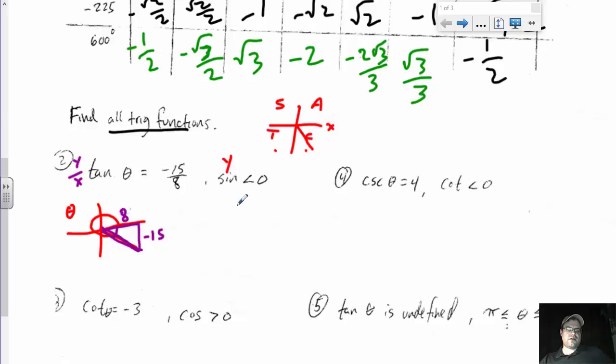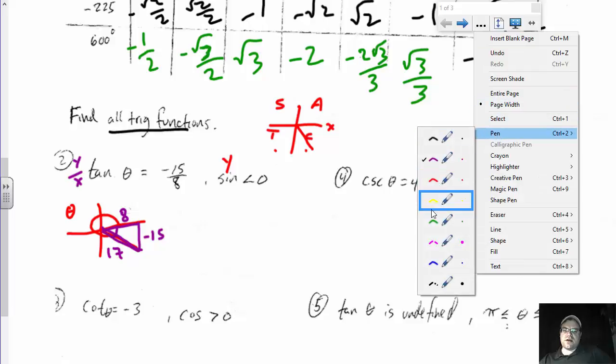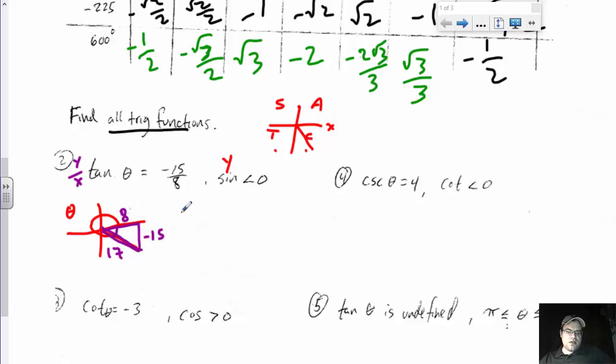We could square this and square this: 15 squared and 8 squared. If I recall, I believe this should be 17 when you solve it out. But you can double check on that. This squared plus this squared is that squared.